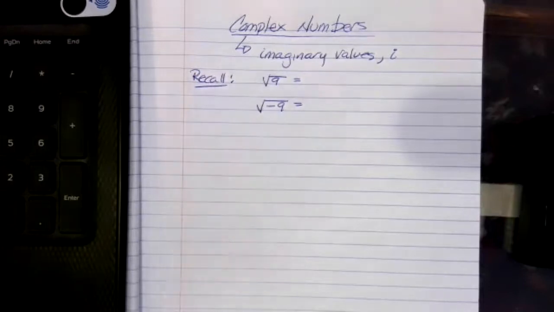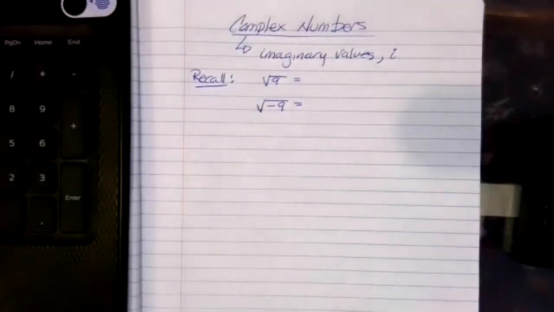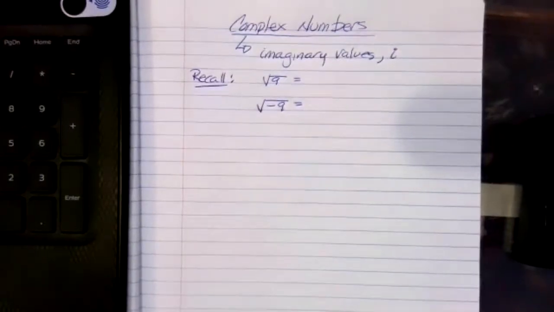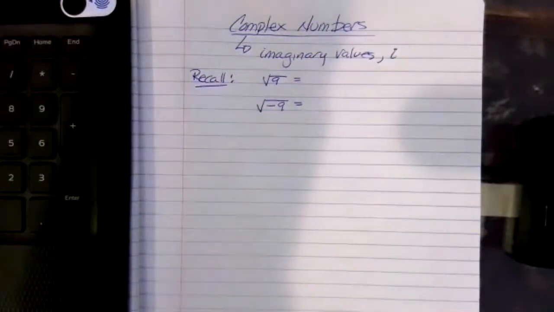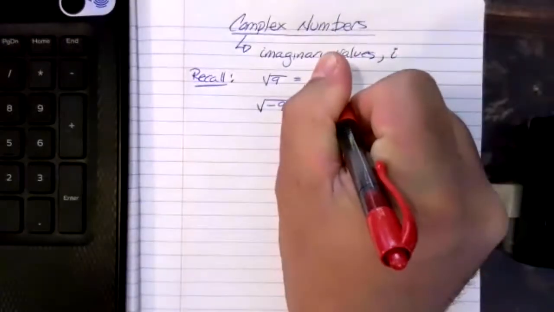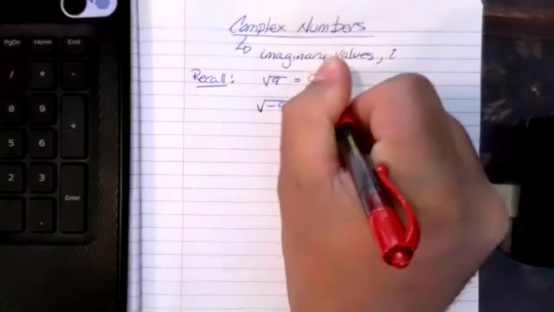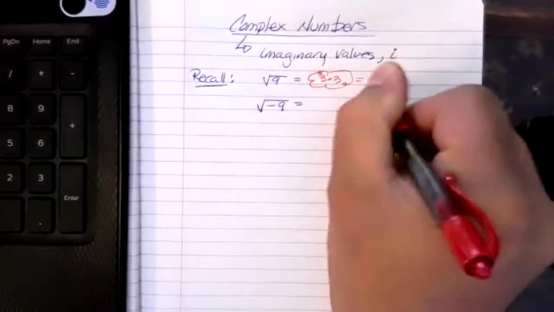So in this section, we're looking at complex numbers, or better, complex numbers that contain i, that are considered imaginary numbers. If you recall, when we had the square root of 9, or radical 9, we agreed that because it's 3 times 3, the square root of 9 is 3.